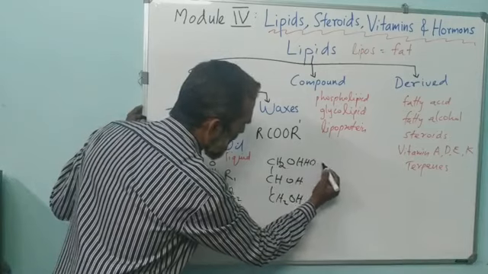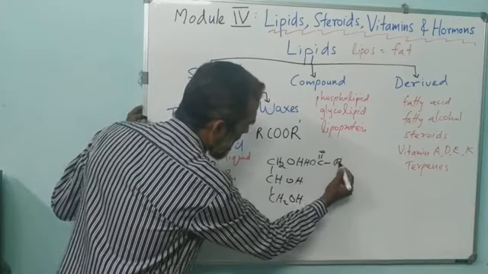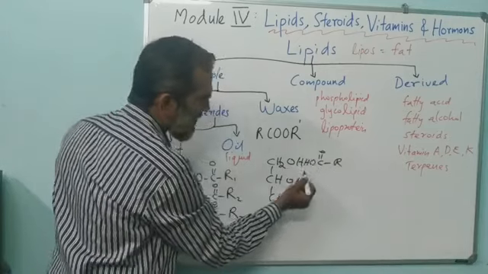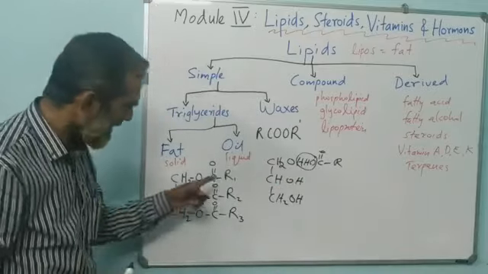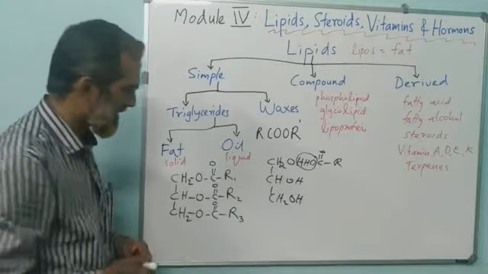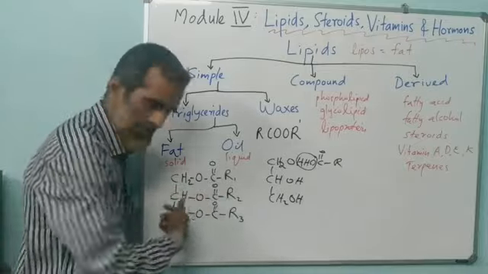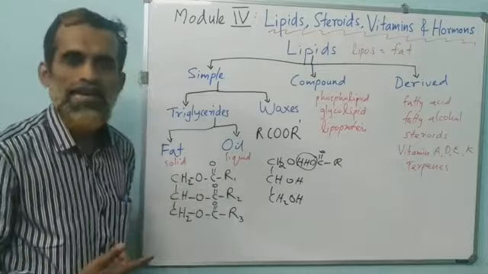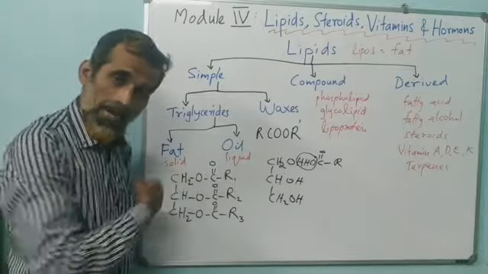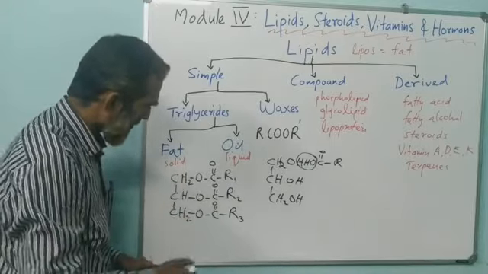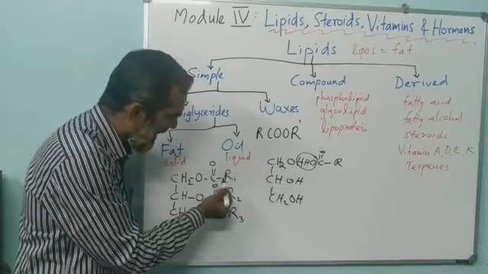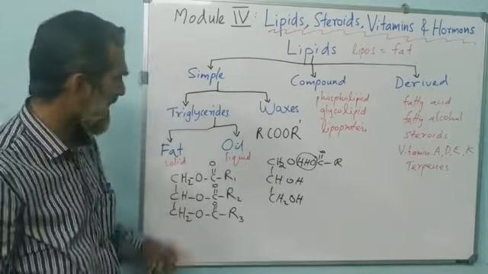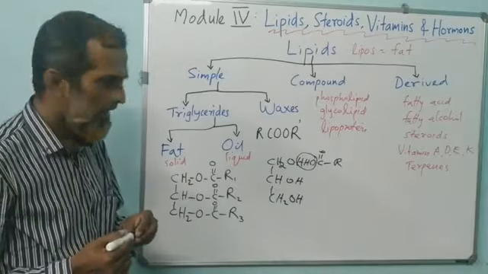Like this. And if you eliminate water, you will get this group, ester group. So like that, 3 carboxylic acids or fatty acids are connected, forming a triester. So this is triglyceride. This can be called an acyl group, so triacyl glycerol is another name for triglyceride.